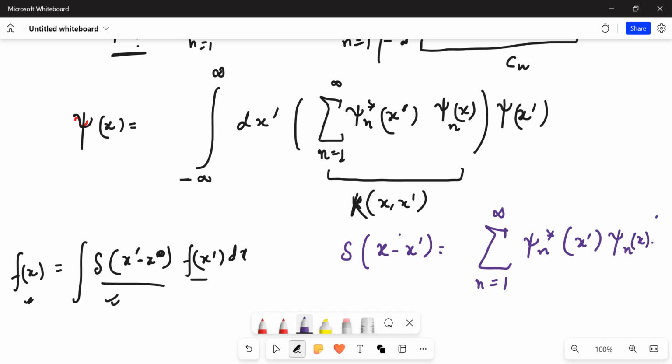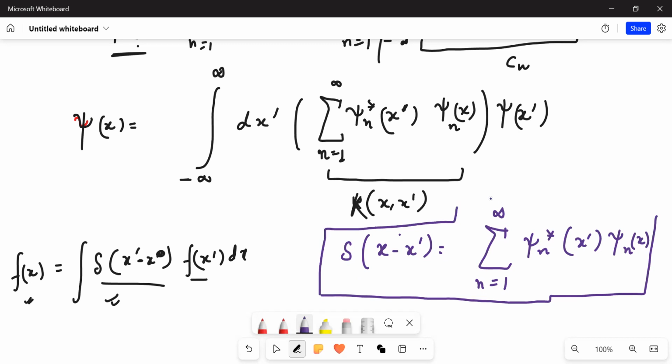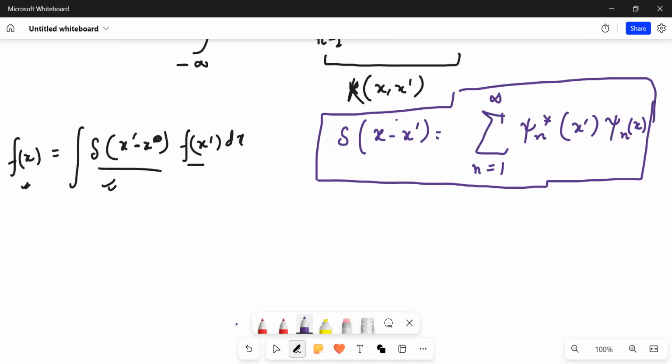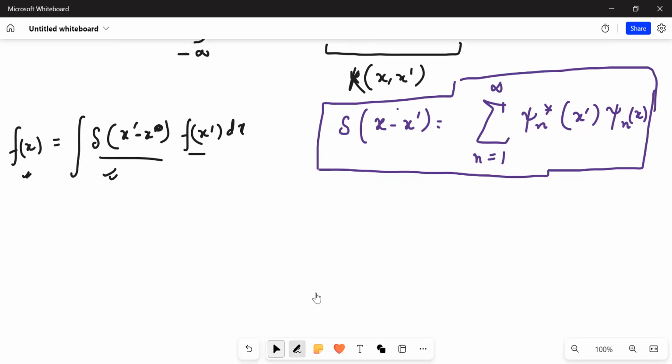This is called the completeness property. This is also referred to as one other form of completeness. So this relation is called a completeness relation, as I told.